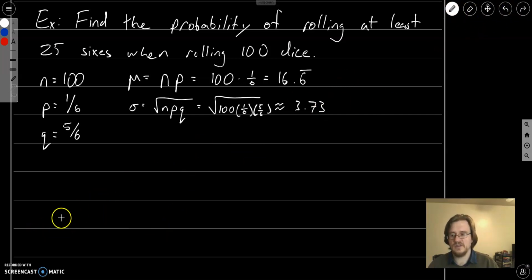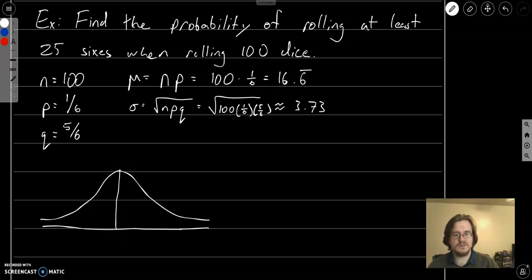I can draw a better straight line. So we want the probability of rolling at least 25 sixes. With our mean of 16 and 2/3 sixes, 25 will be somewhere over here maybe.